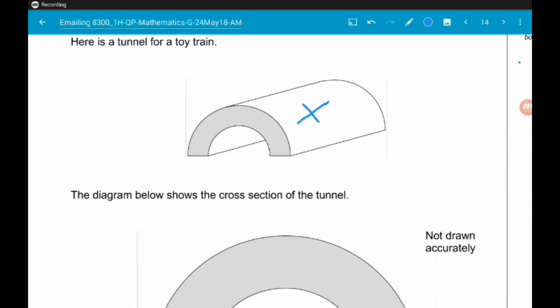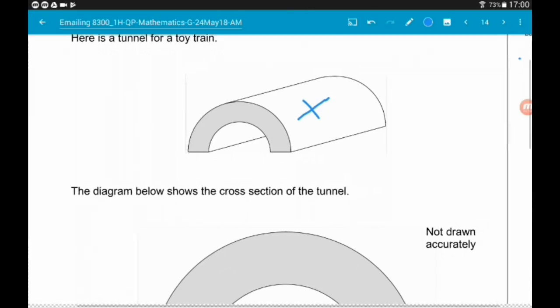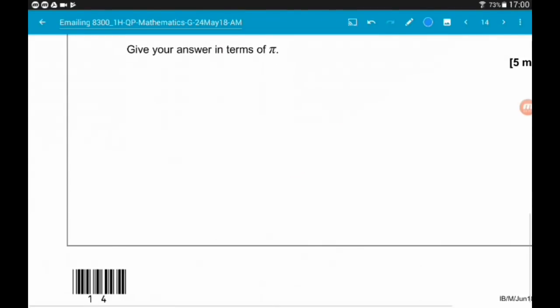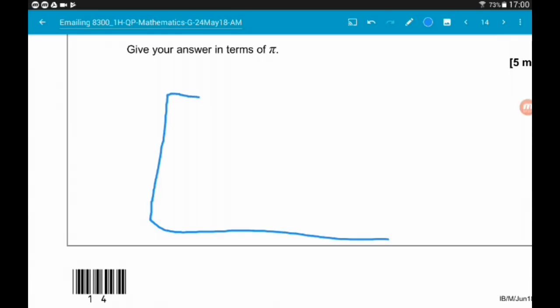So now we're going to find the area of the top face. Now this top face is basically a rectangle just wrapped around a circular thing. Again with this rectangle, it's going to have a length of 30 centimetres, so that's the length of the tunnel.